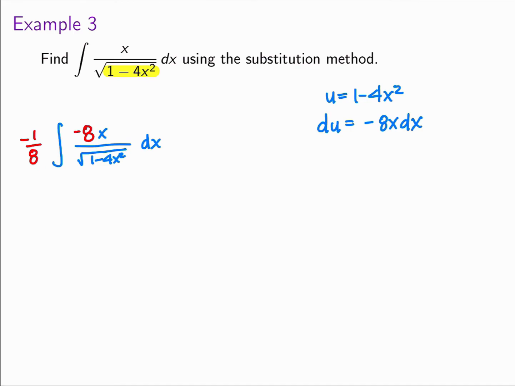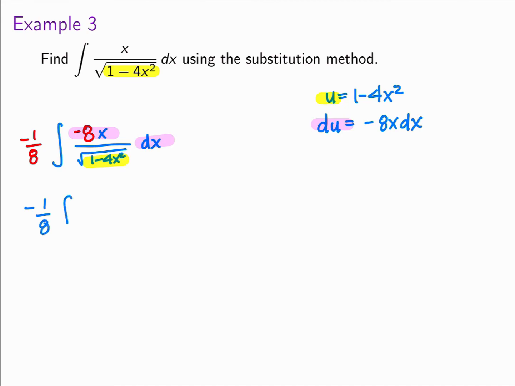So let's check our substitutions. My u is going to be that 1 minus 4x squared. Du should be negative 8x dx, and I see it right there. So I can substitute successfully for everything in my integral, which means u substitution should work now. So let's do those substitutions.